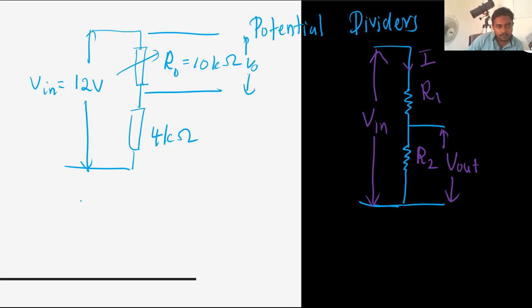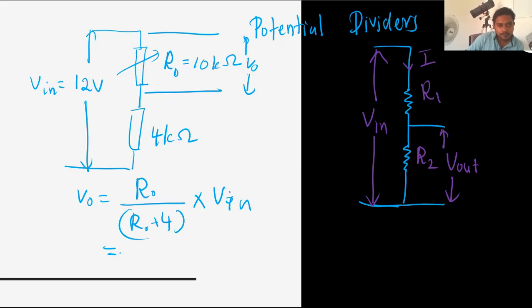So you can write the equation V out is equal to R naught over R naught plus 4, times V in. R naught is 10, so 10 plus 4 is 14, and 12. Finally you get 10 over 14 into 12, which is 8.6. It is voltage.